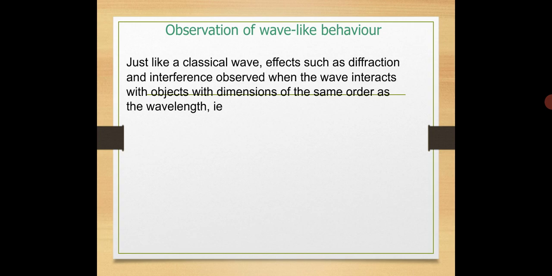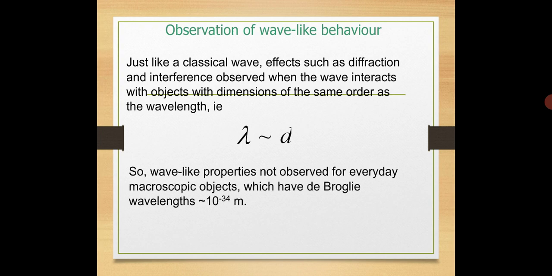Same if we consider one electron with 1 kilo electron volt acceleration, what should be the wavelength? Now observation of wave-like behavior: classical wave effects such as diffraction and interference are observed when the waves interact with objects with dimensions of the same order as the wavelength, that is lambda is equal to d. So wave-like properties are not observed for everyday macroscopic objects.